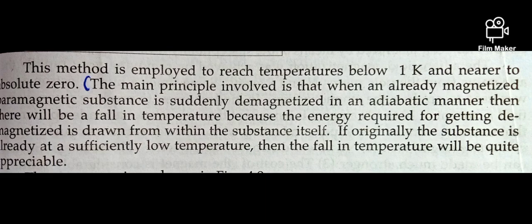This energy is drawn from the same substance, so the energy decreases, which means the temperature also decreases. If originally the substance is already at a sufficiently low temperature, then the fall in temperature will be quite appreciable.